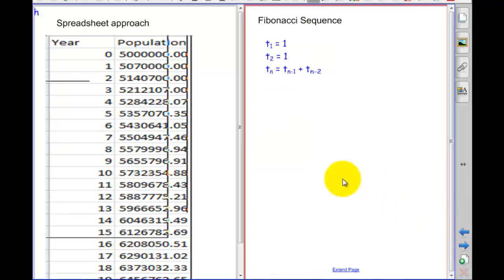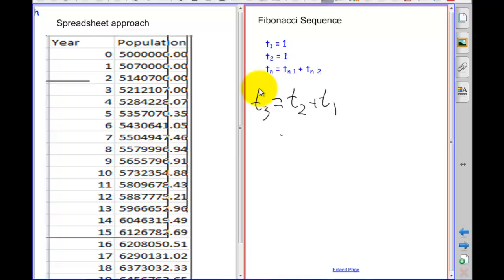Okay, now the Fibonacci sequence. Sure you've seen this before? Now we're going to formally do it in terms of recursion. Sometimes recursion can refer to two or more previous terms. So T sub 3 is T sub 2 plus T sub 1. That's what we mean by T sub n minus 1 plus T sub n minus 2.